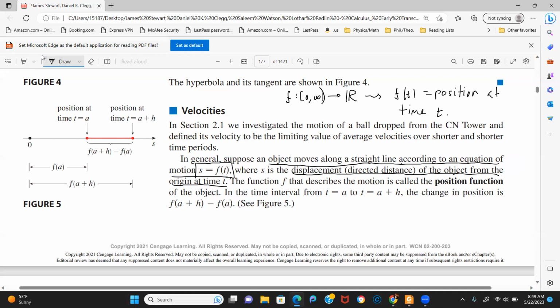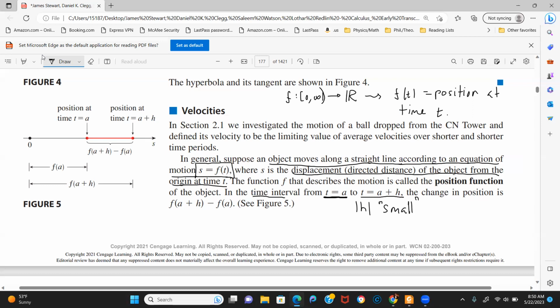So you have a time interval. Say you're interested at t equal to a. We were looking at t sub 0, but it's the same idea. So this is your initial time right here, t equals a, and then you have some later time, t equals a plus h, where we're going to think about the absolute value of h being small. So h is going to be some small number.